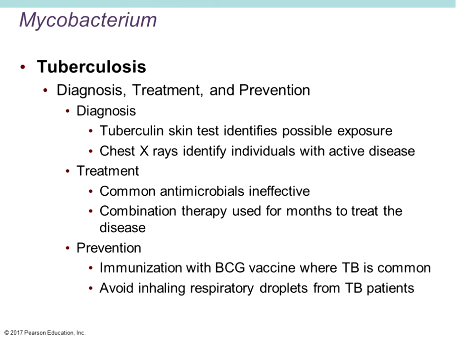So diagnosis, you all are probably familiar with this. You have a tuberculin skin test, which identifies possible exposure to the disease. A positive reaction means that there's an enlarged, reddened, raised lesion at the inoculation site.